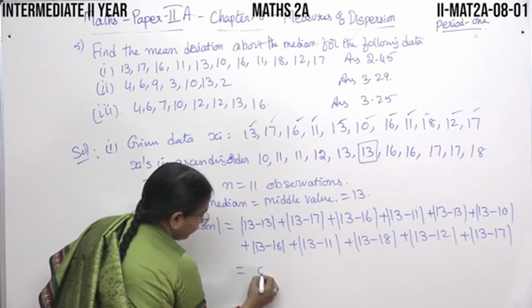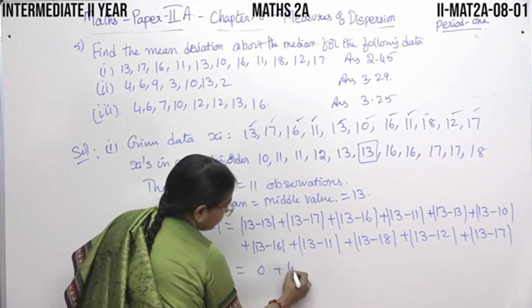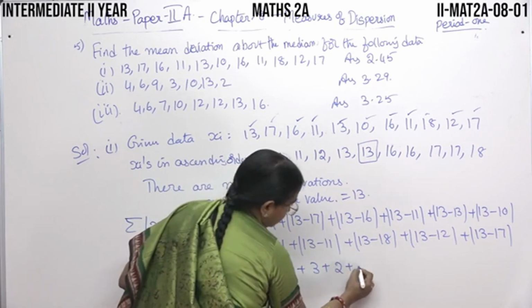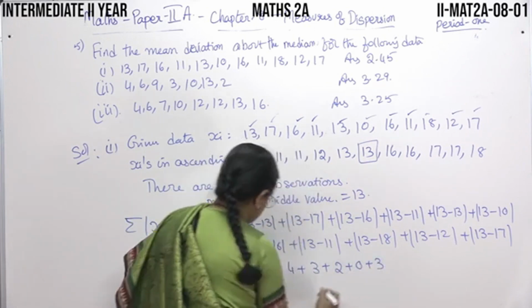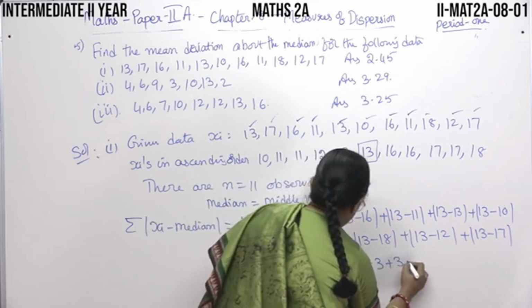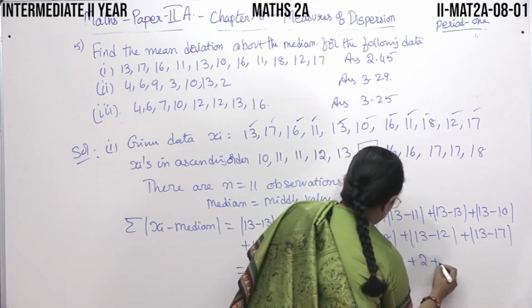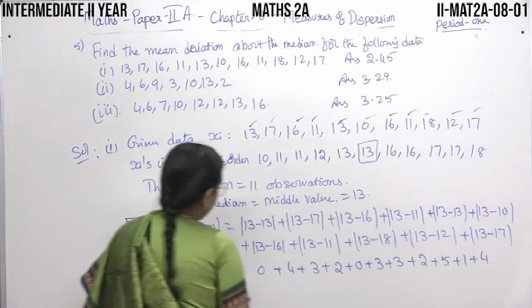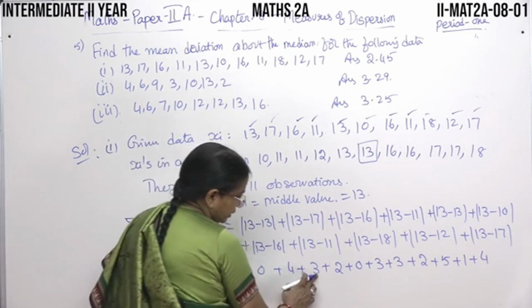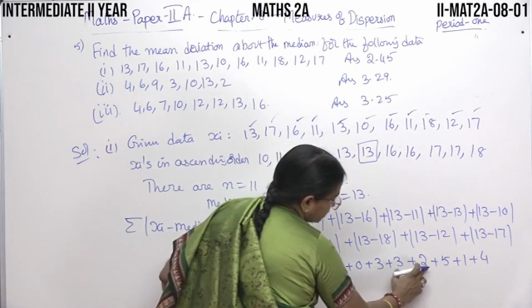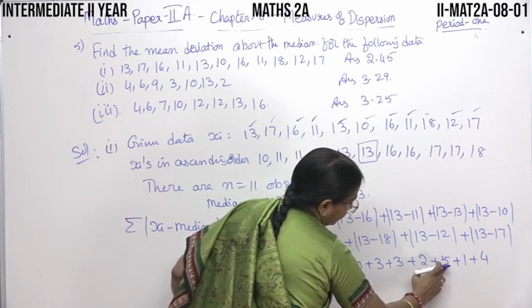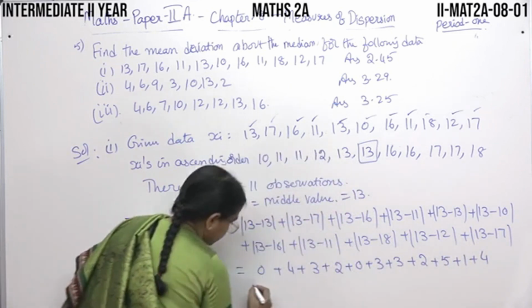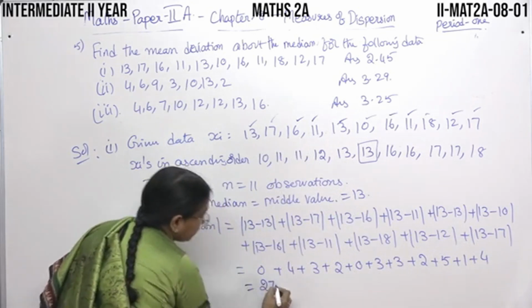This is 0 and then 4, 3, 2, 0, 3 and then 3, 2, 5, 1, 4. So the sum is 27.